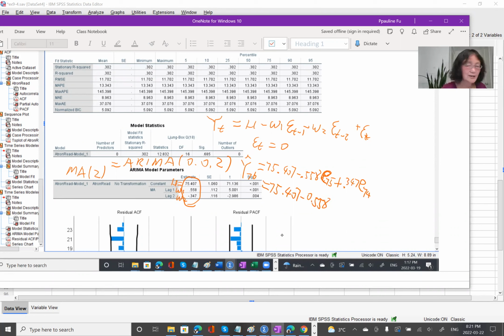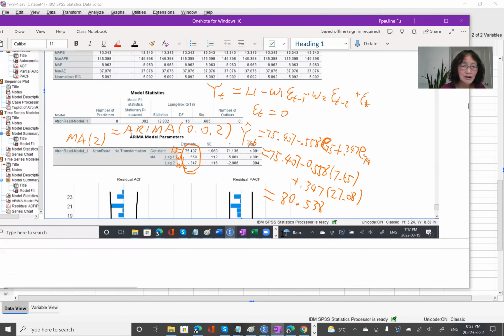Plug those e numbers into this equation and just do subtraction and addition. So 7.65 plus 0.347 times e74, which is 27.08. The final result based on manual calculation, I got 80.538.